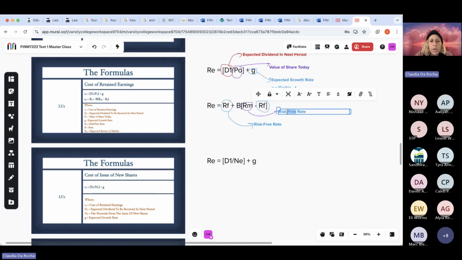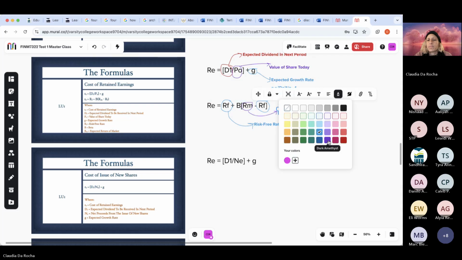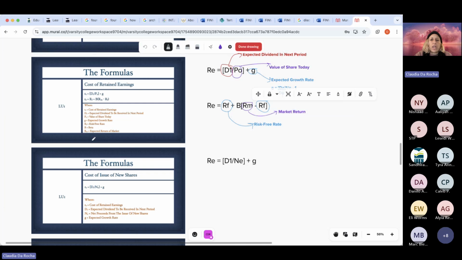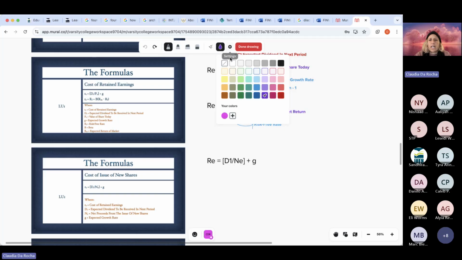Okay, and this is our expected return in the market, the market return. And then you have your beta. Choose a different color.